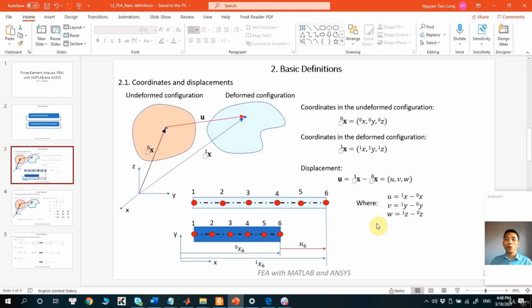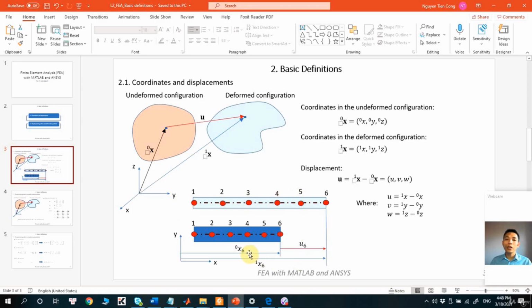For an example, we consider a one-dimensional bar. Let's say we have a bar like this, and here is the undeformed configuration. We have some material point located on the center line of the bar, let's say here. Now we apply some loading, tension loading, let's say, to make the bar stretch and become longer. And here is the deformed configuration.